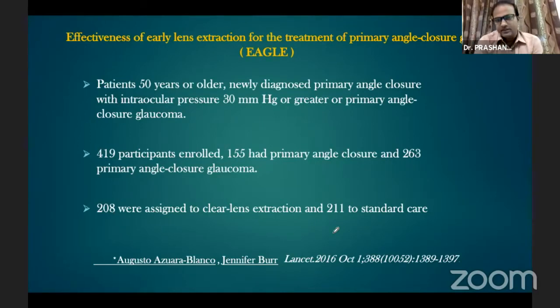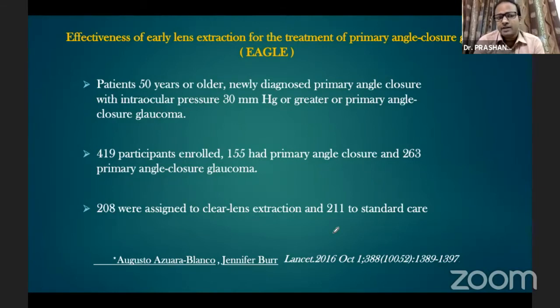Major controversy arose after the publication in The Lancet, Effectiveness of early lens extraction for the treatment of primary angle closure, or the EAGLE trial. They advocated the role of clear lens extraction over conventional therapy for the treatment of primary angle closure. They included patients who were more than 50 years of age.